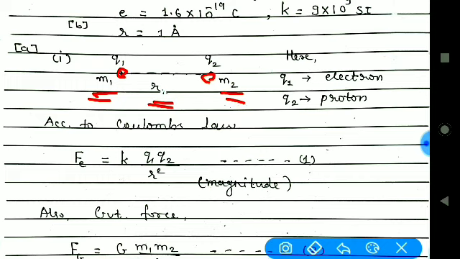Here first of all we have considered charge Q1 as an electron and charge Q2 as a proton. Hence if we consider the charges on the particles, then the electric force Fe is equal to K Q1 into Q2 upon R square according to Coulomb's law.